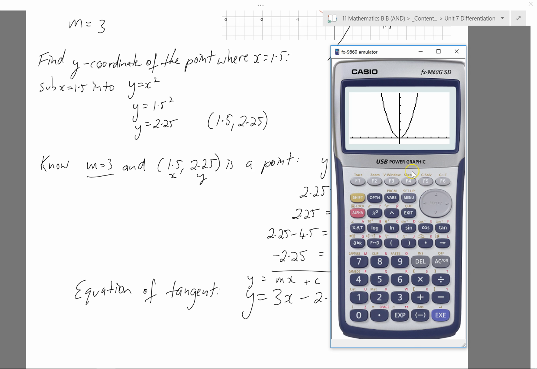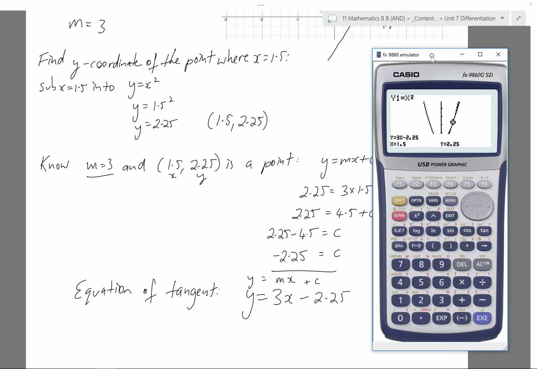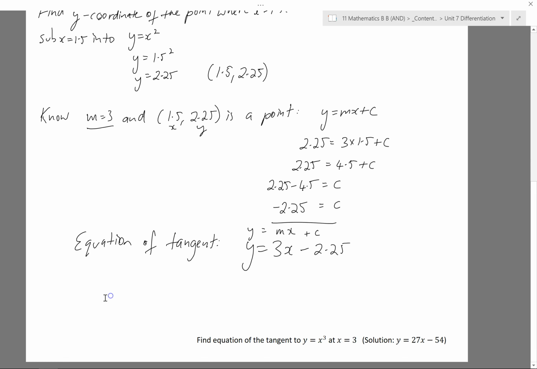Then I'm trying to sketch the tangent. So if I click sketch, I want the tangent, F2, and I want it at 1.5. Press enter, it'll give me the point. If I press enter again, it'll give me the equation. y equals 3x minus 2.25, and that's the same as our answer. So remember we can always check on the graphics calculator.